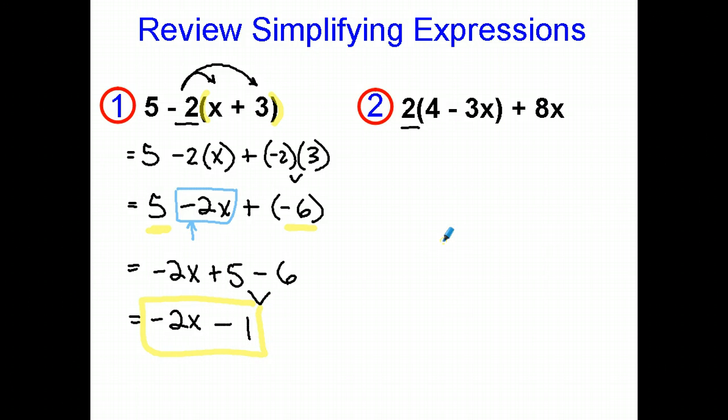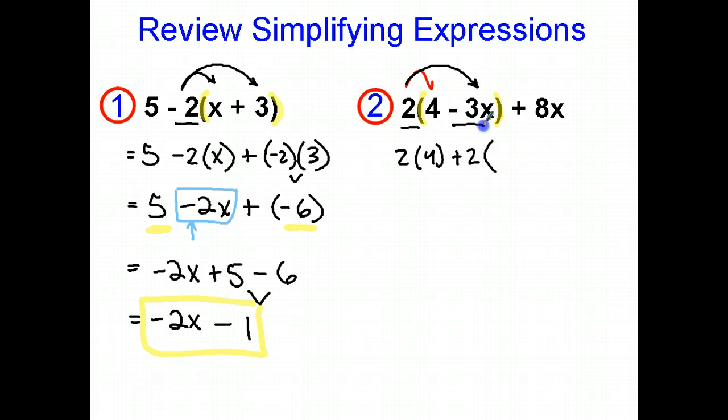Alright, and so for the next problem, again, remember we need to notice these parentheses first thing. So we want to get rid of those. So we're going to distribute the 2 times the 4, and then we're going to distribute the 2 times the negative 3x. Now at this point, since 2 is positive, another technique different from the previous one is I could write positive 2 to represent what I'm distributing.